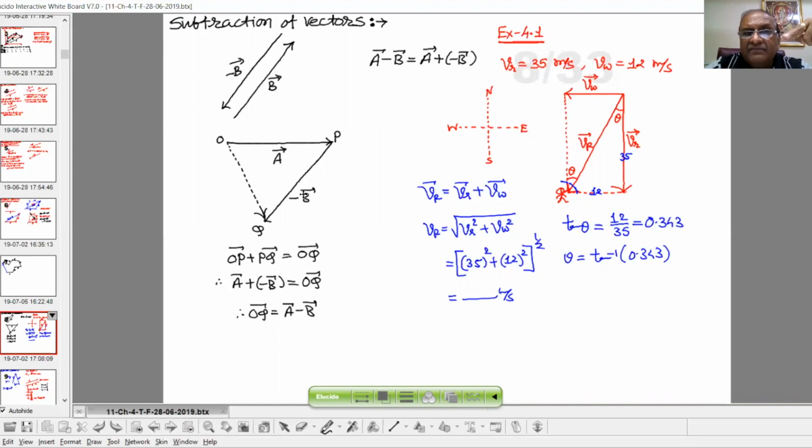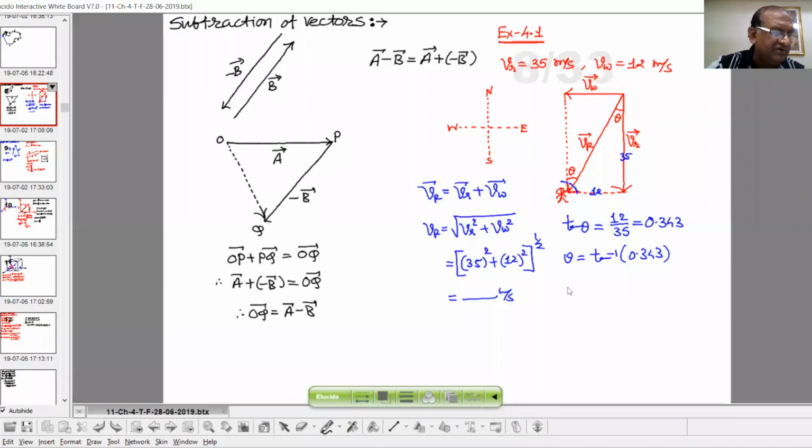A. Vector PQ is what? Minus B, and that is equal to OQ. So we can write vector OQ is A plus minus B, that is A minus B. In this way, one can find the subtraction of two vectors. Clear to all of you?